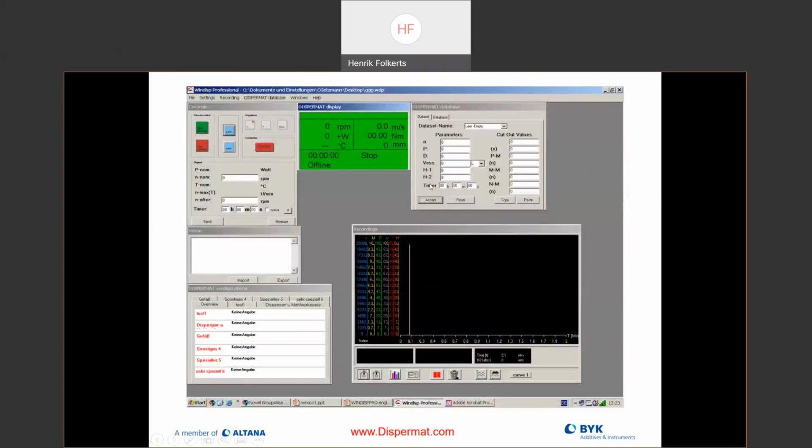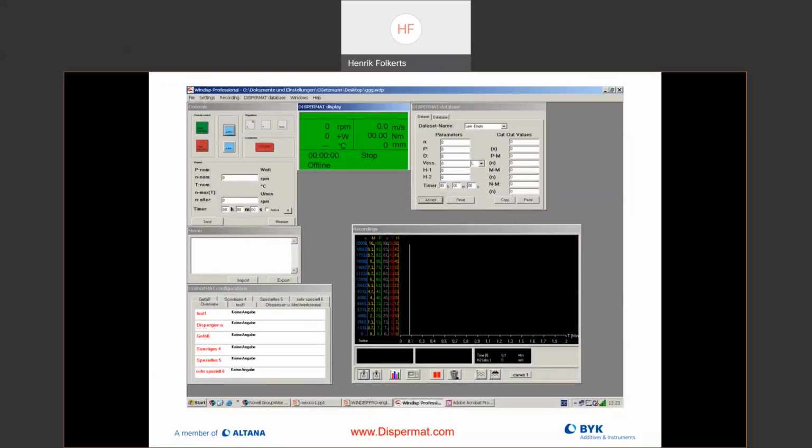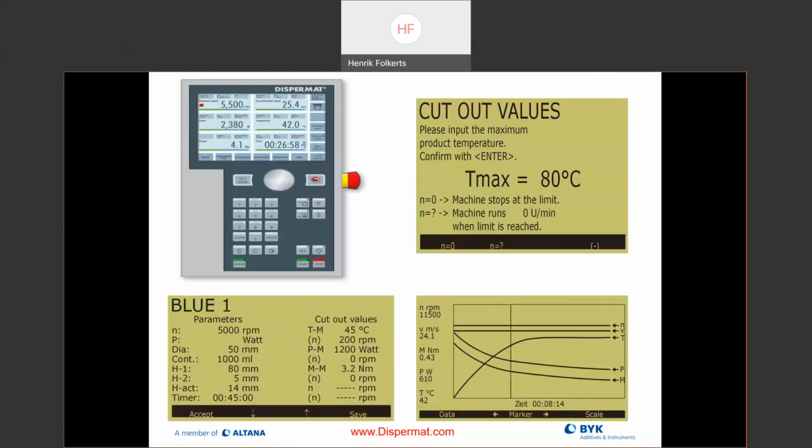This is the older iteration of the software called Windis, and here I can track everything in a real trend line, know exactly what is going on with my speed, my temperature, my power, so everything can be seen in a real graphical interface. On the machine itself, I have the ability to program different cutout values that allow me to tell my machine, if I reach a critical temperature, shut the machine off or run at a different speed.